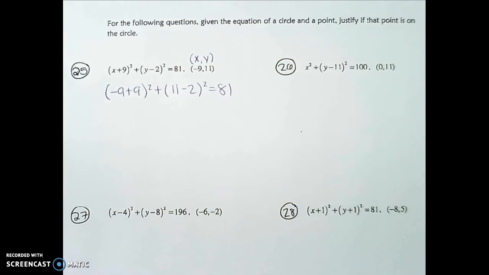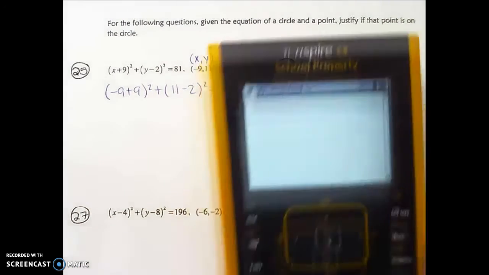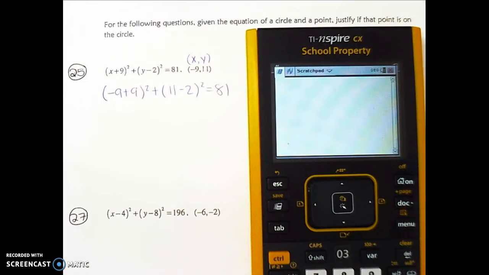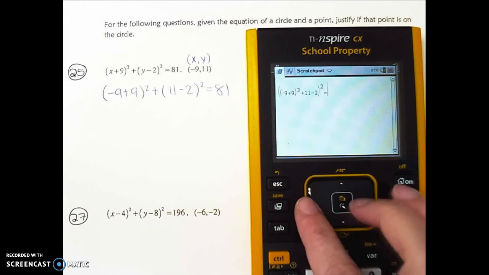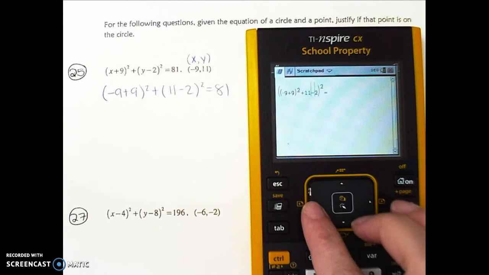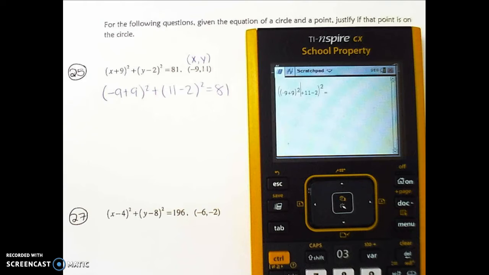Alright, so I need to go ahead and check that in my calculator to see if that's a true or false equation. And of course, I'm just typing it in exactly the way that it appears on my paper. There we go.